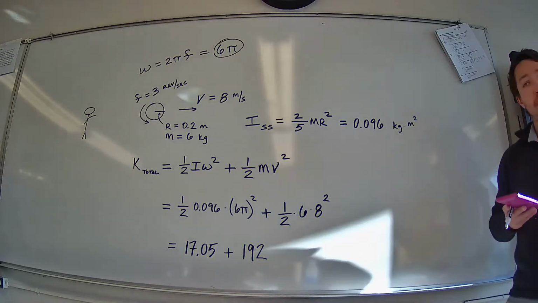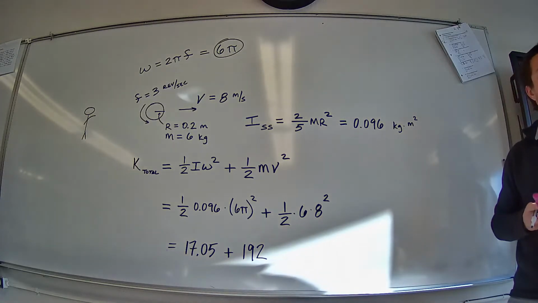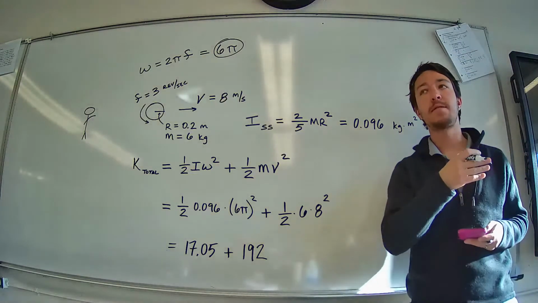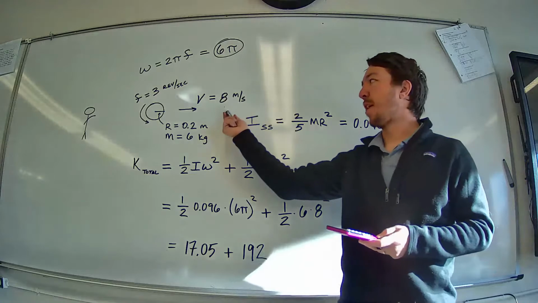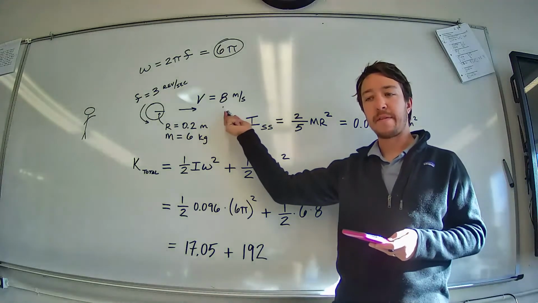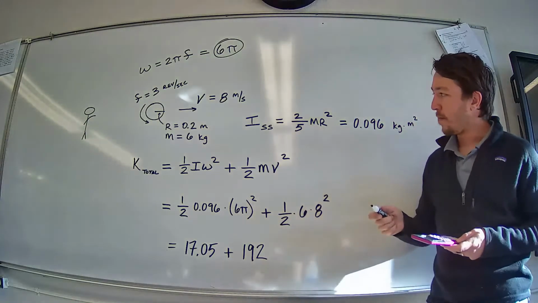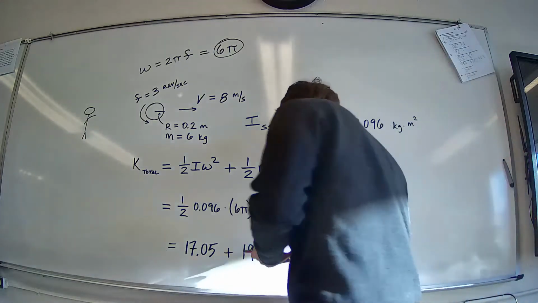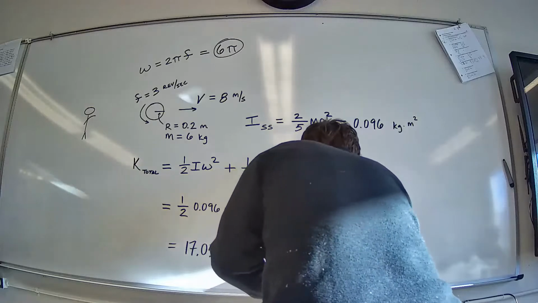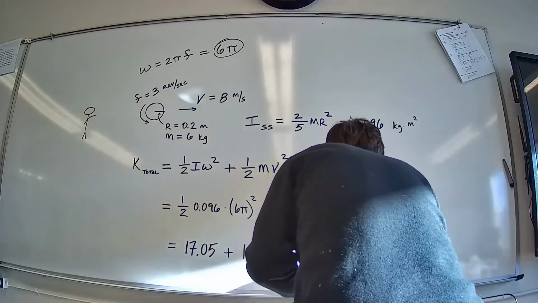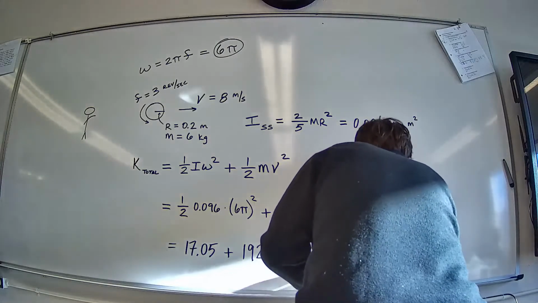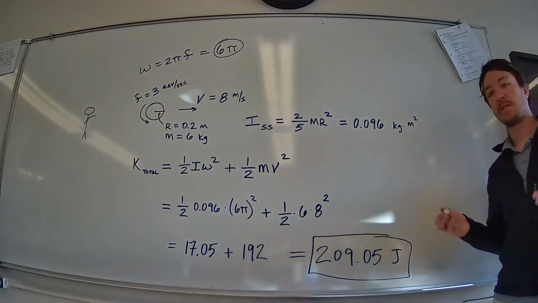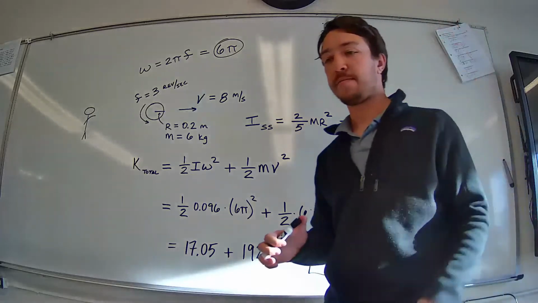The vast majority of the energy is due to the movement through space. This 8 meters per second is really having a big effect. So anyway, my final answer is 209 joules, the unit for energy.